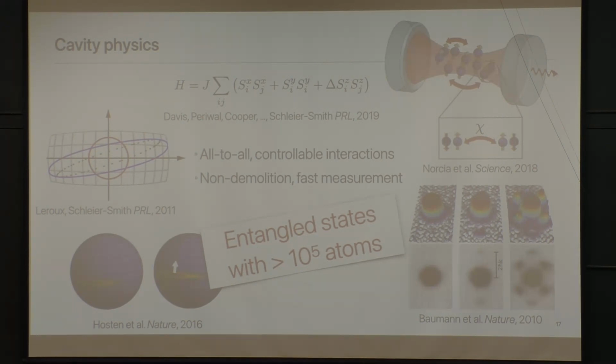I'm not going to talk about that very much, but Dan Stamper-Kurn at Berkeley, for example, has an experiment that uses a similar setup for looking at measurement. And this has been used to generate entangled states with hundreds of thousands of atoms. But what's missing is control over the entanglement and the ability to detect any kind of structure.